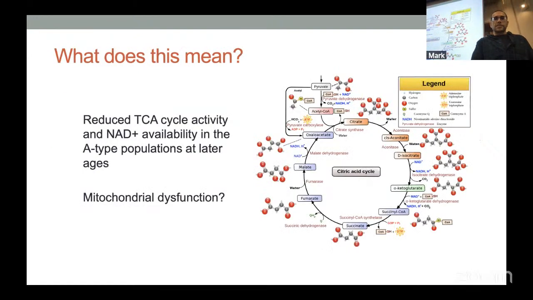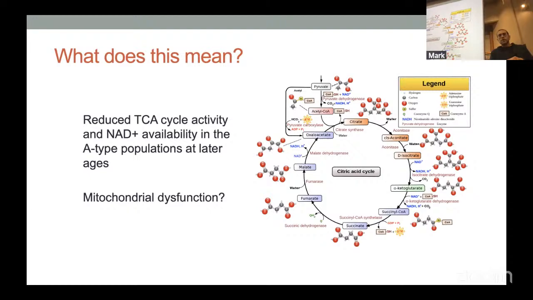So one hypothesis we have is that because you have this really, really high rate of glycolytic metabolism at early ages, that is going to cause some stress to the mitochondria, both in terms of oxidative stress, and there's also literature about intermediates being produced, like all this lactate, affecting pH in the mitochondria, which can cause some level of mitochondrial dysfunction or degradation.